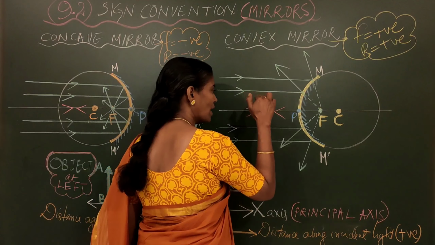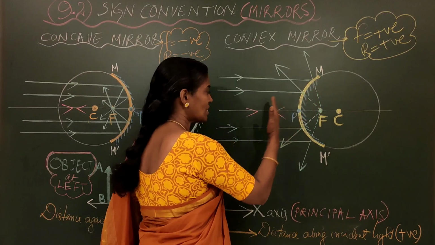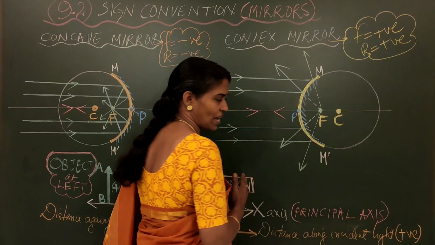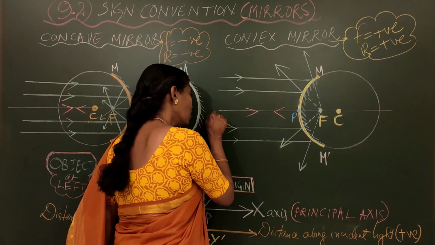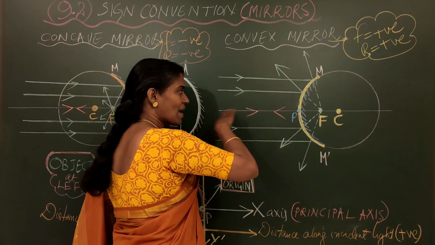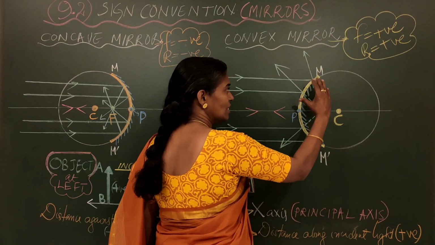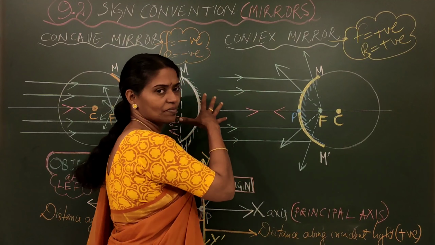Angle I 0, angle R 0. The other rays are coming parallel to the principal axis. This one is strictly going along the principal axis. All other rays are parallel to the principal axis. After reflection, they get diverged.